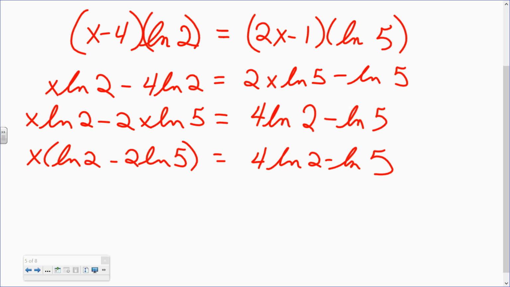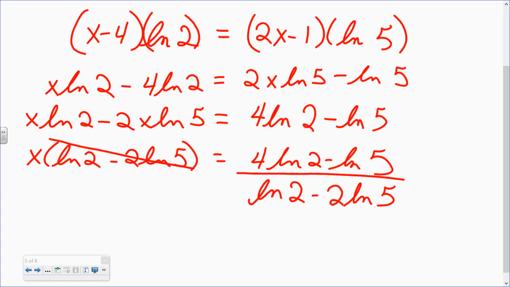How about divide by that whole parentheses? So if I divide by that parentheses, I have this. Don't enter anything on the calculator yet. And when I divide here, that means just x is equal.